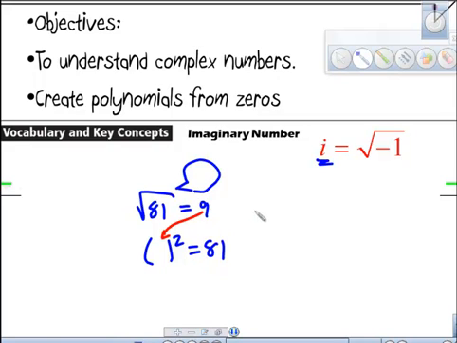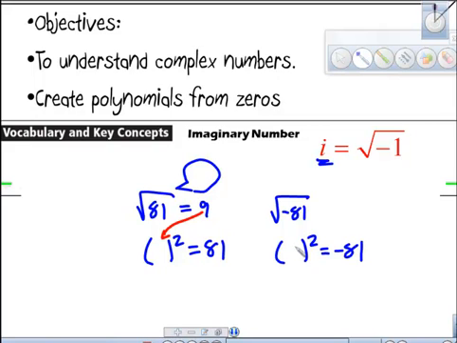So if we have something that is a negative, let's say we have the square root of -81, it's asking that question, what was squared to get -81? And obviously we could look at this and be like, well, hold on a second. Whenever I square a number, whether it be positive or negative, it's always going to end up being positive. And so now we have like this thing where we're like, hold on a second.